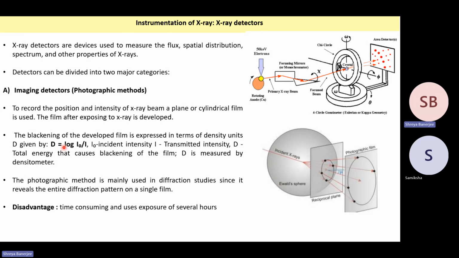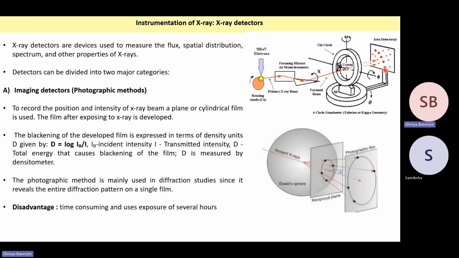There is an equation where the blackening of the developed film is expressed in terms of density units D, given by log I0 by I, where I0 is the intensity of the incident X-ray, I is the intensity of the transmitted X-ray, and D is the density.